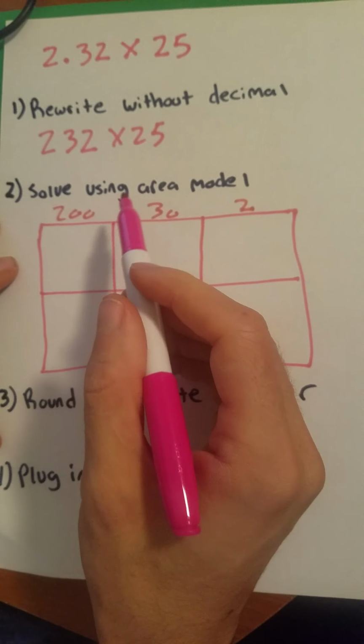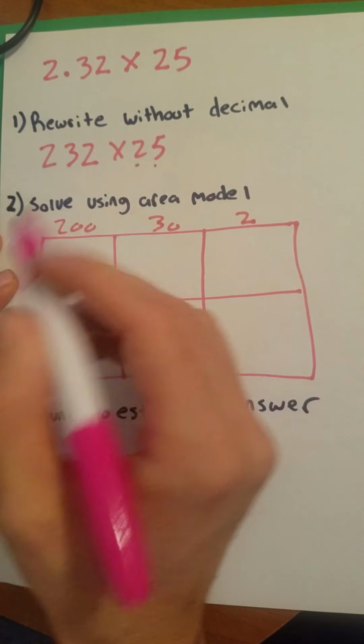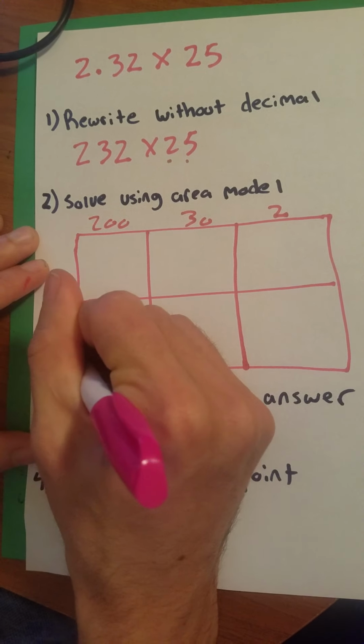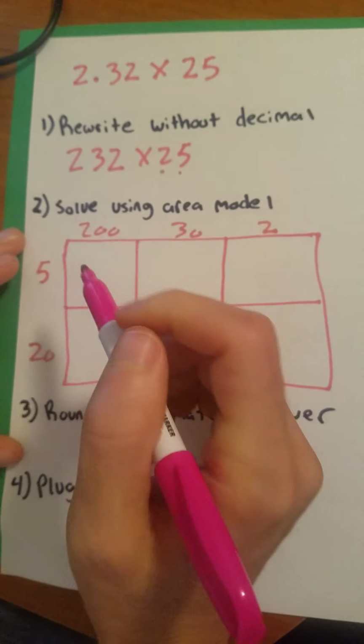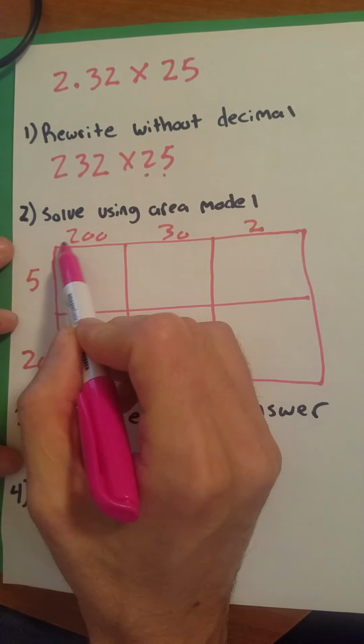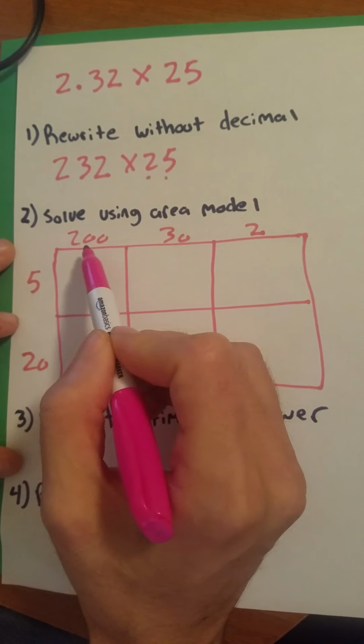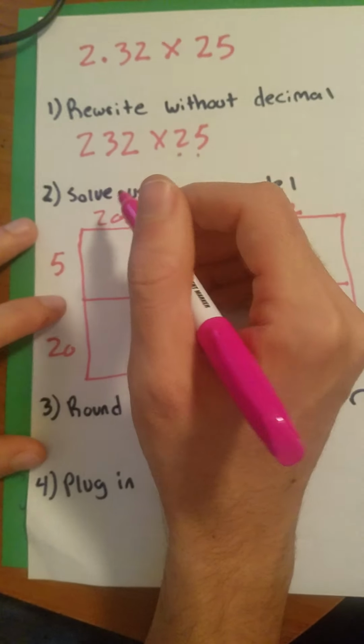And then 25 can be broken down into 20 and 5. And I'm going to multiply all the numbers on the top row here by each number on the side column, just like I did in the last problem.